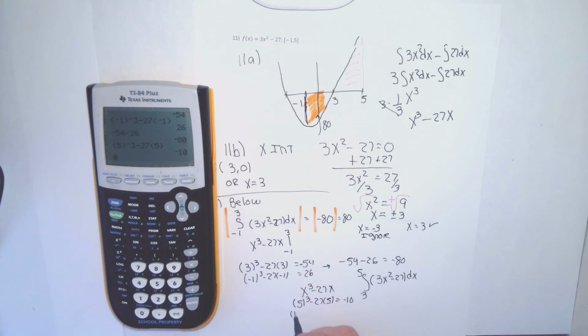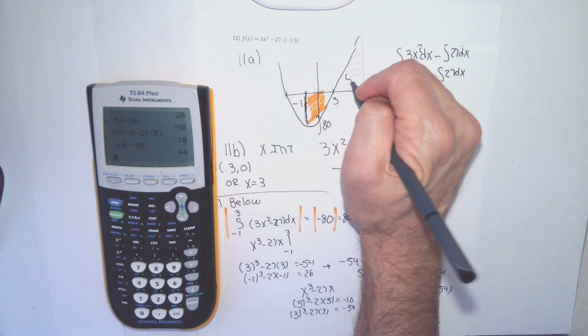And then plug in 3, do 3 cubed minus 27 times 3, and I did that computation already. It's -54. So this is going to be -10 minus -54. That'll give me 44.